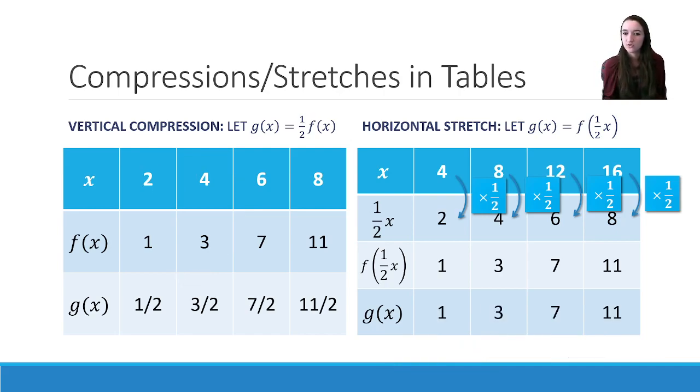So all of those are going to repeat. So what happened, once again, same as before, our horizontal stretch does not change our output values, but our input values, our x values, are what are affected.